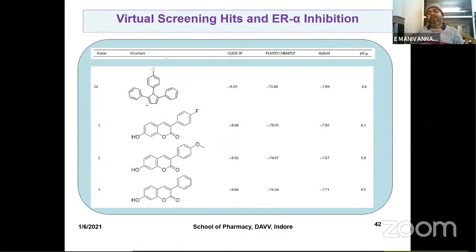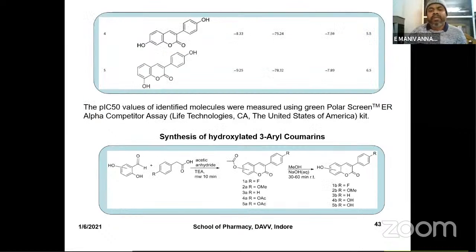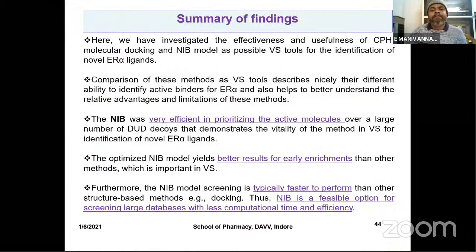Highly active molecules are recognized by the Glide SP program, PLANTS ChemPLP or hybrid scoring function, and also the NIB-based program. These compounds were synthesized using this reaction scheme, our in-house library of 3-aryl coumarin compounds.